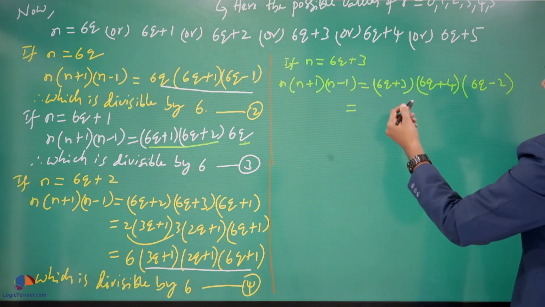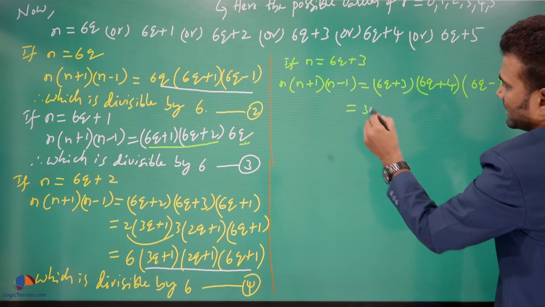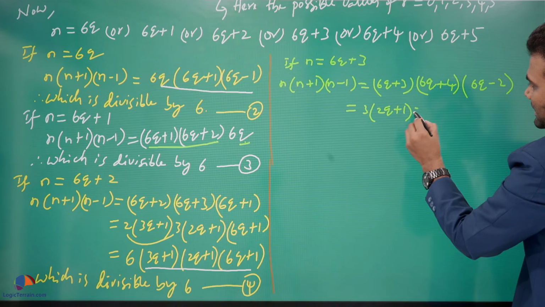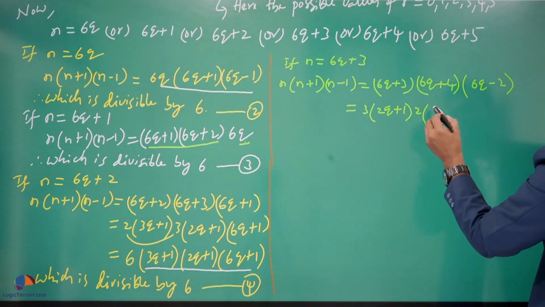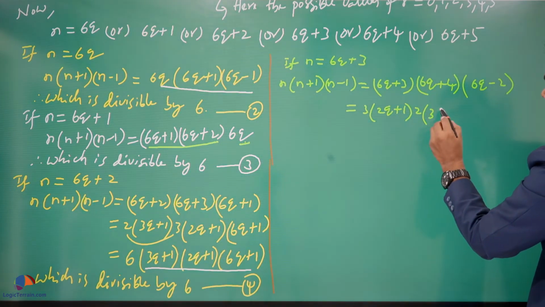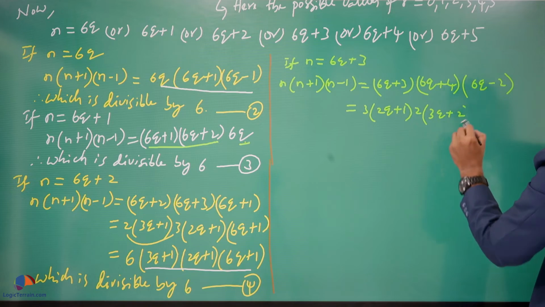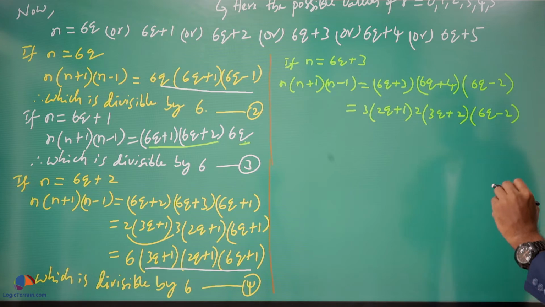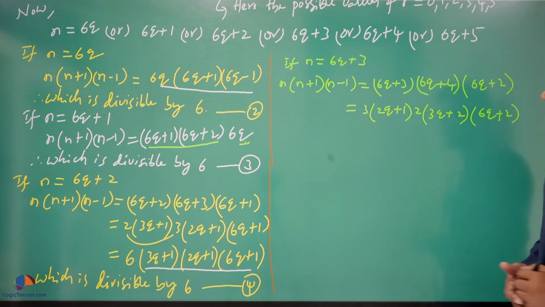So from this we can take 3 common, then here we are left with 2q plus 1. From this we can take 2 common, here we are left with 3q plus 2, and this is 6q plus 2.